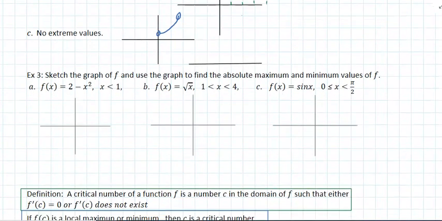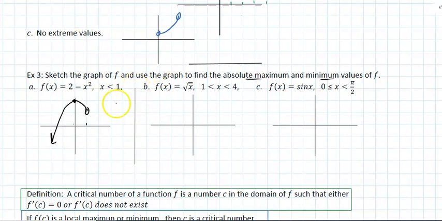Sketch the graph of f and use the graph to find the absolute maximum, absolute minimum. We're just focusing on absolute maximum and minimum in this case. This is an upside down parabola. So if I go to 1, there's the graph. And if I was to say, well, what do we have?